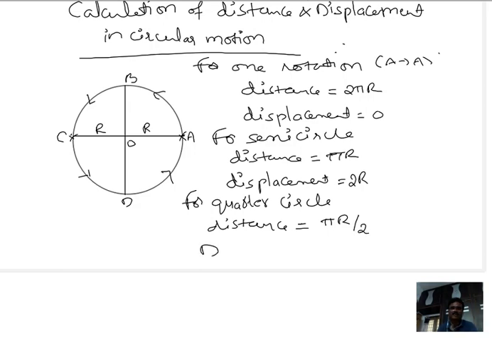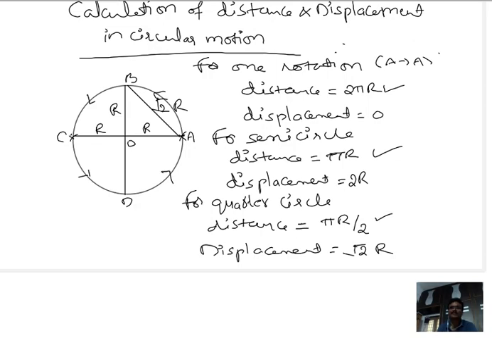What about the displacement? Displacement is very important. From A to B we want the shortest distance. It is a right angle triangle with sides r and r, so by using Pythagoras theorem the displacement becomes root 2 r. So we got the values: one for full circle, second for semicircle, third for quarter circle.